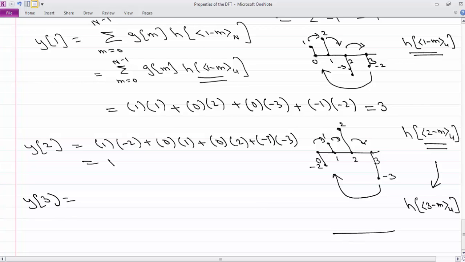So the signal will look like this: minus 2 goes at 1, 1 goes to 2, and then the value 2 goes to 3, and minus 3 goes to 0.